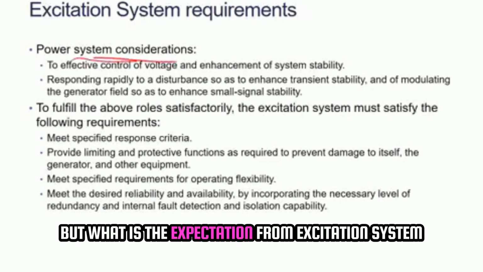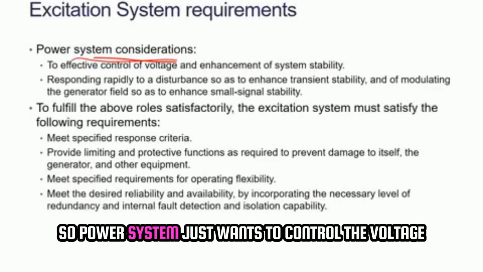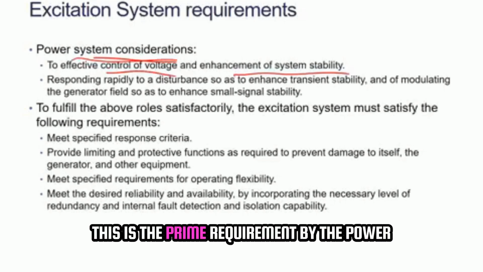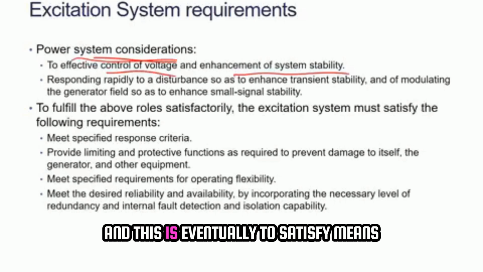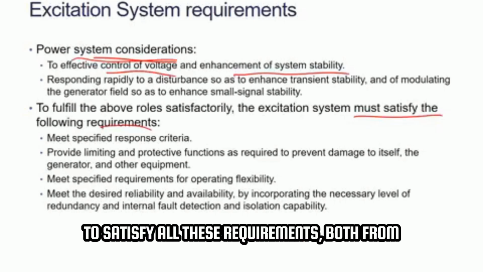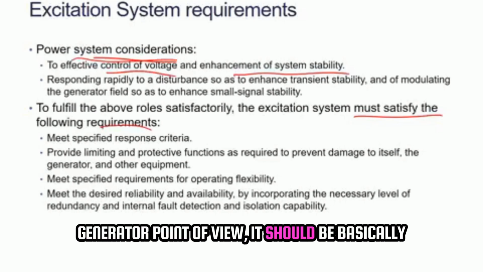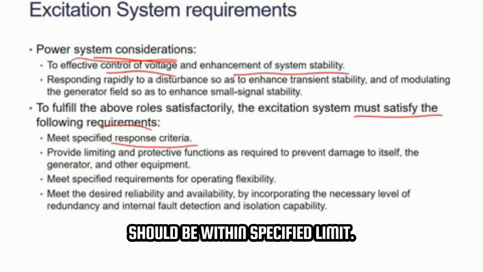But what is the expectation from the excitation system from the power system point of view? The power system just wants to control the voltage and enhance the system stability. This is the prime requirement by the power system from the excitation system. To satisfy all these requirements, both from the power system point of view and the generator point of view, the response of the excitation system should be within a specified limit.